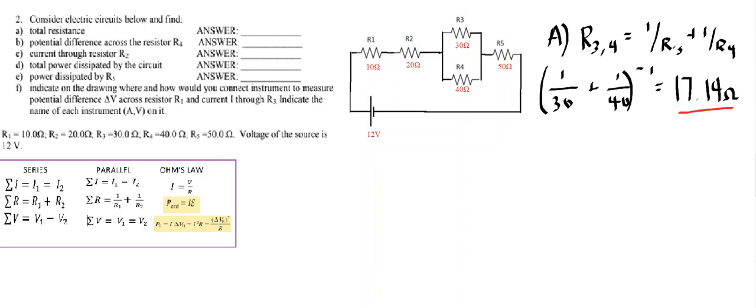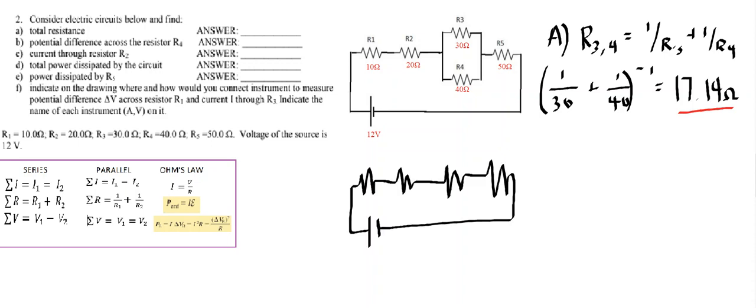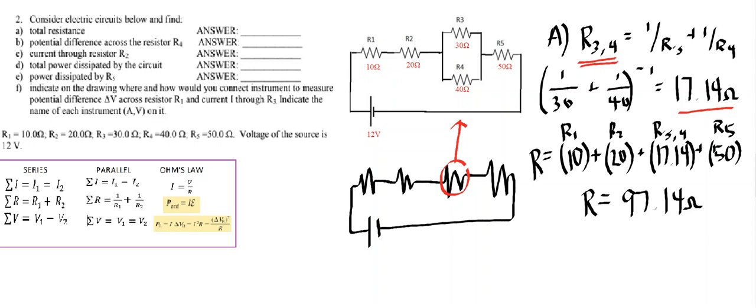We can then redraw the circuit, where this resistor right here represents the resistance of 3 and 4. Now that we have the circuit simplified to straight series, we can add all of our values in to give us a total of 97.14 ohms for the total circuit.